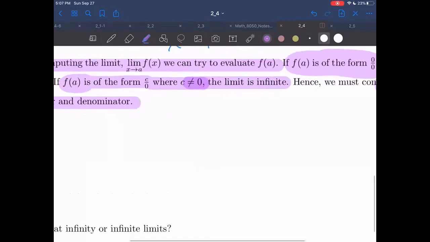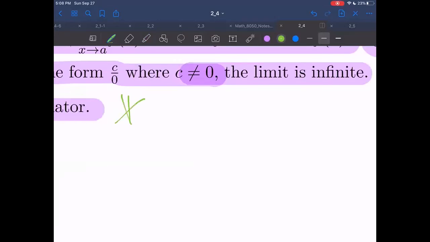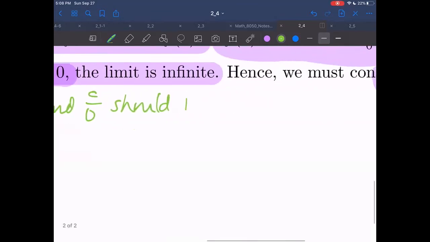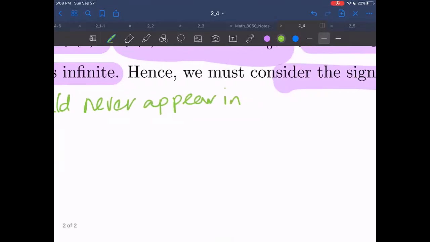Something to note though: 0 over 0 and c over 0 should never actually appear in your work.